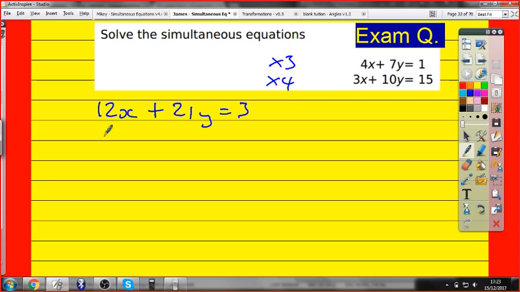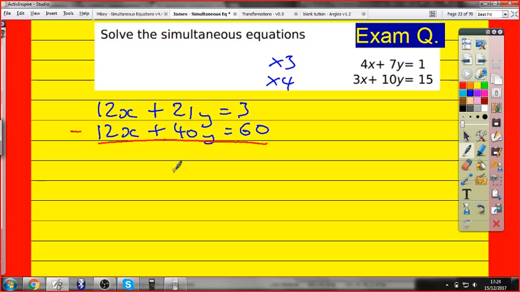So then for the second one times 4, so it's 12x add 40y equals 60. Okay. So 12x is the same, but the difference between 19y is 57. So 19y equals 57.